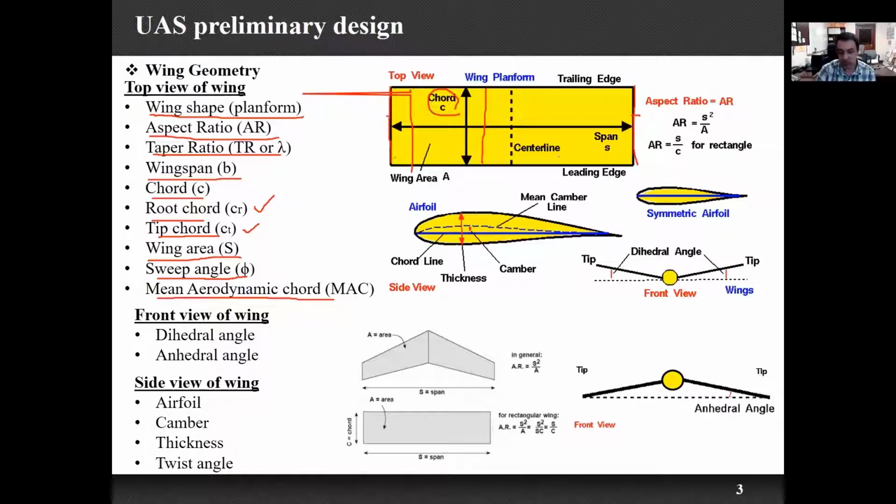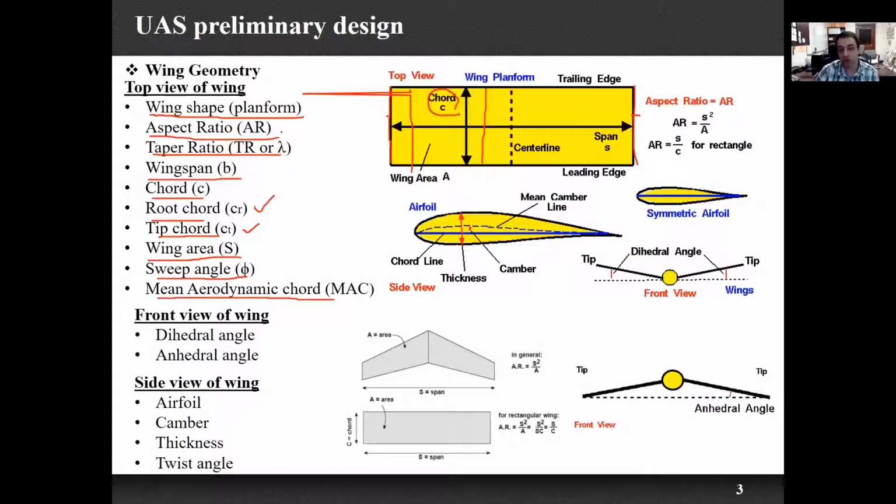Before defining the aspect ratio, we talked about the wingspan. The wingspan was the distance from tip to tip, from left to right. The wing also has a wing surface or wing area. The surface of this rectangle is, for example, the wing area of this rectangular wing shape.